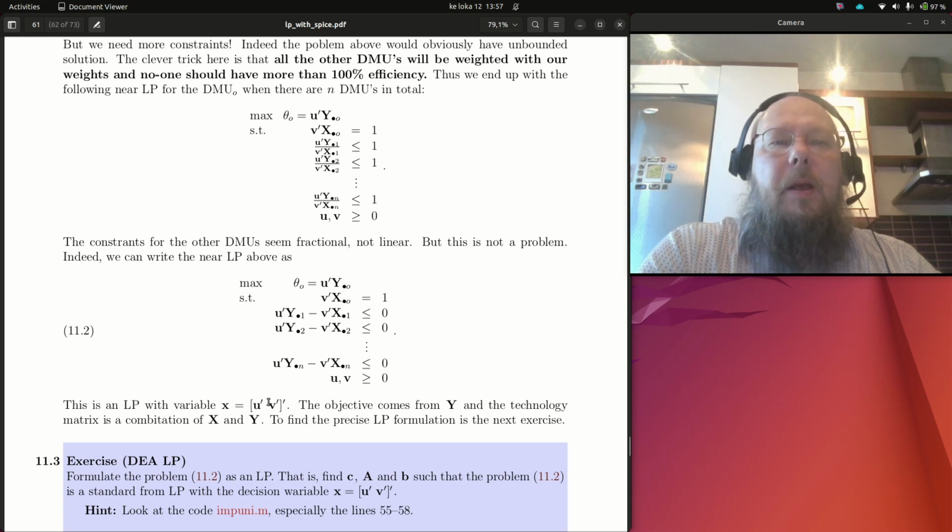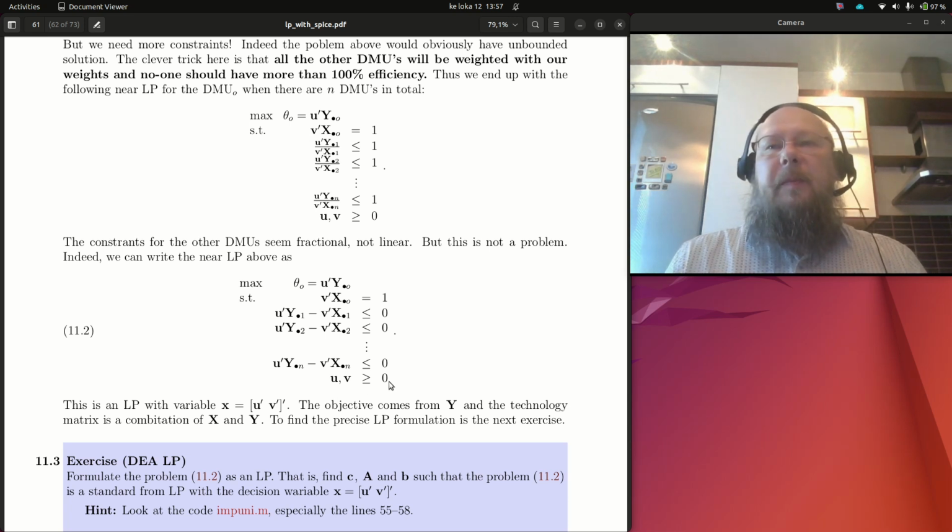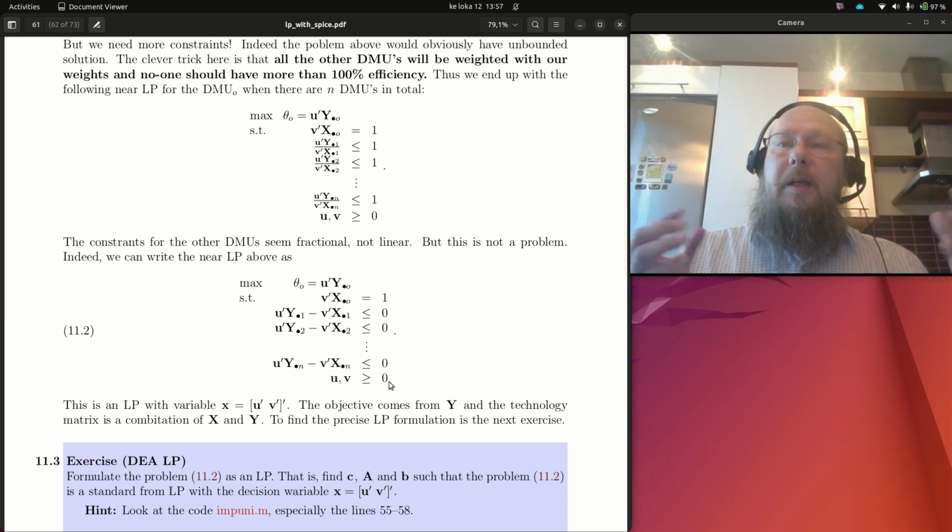Alright. So the objective in this linear program comes from the output matrix y, and the technology matrix is a combination of x and y. So this is certainly not a standard form LP, far from it, to be honest. But once we turn it into a standard form LP, we can solve it with the GLPK.